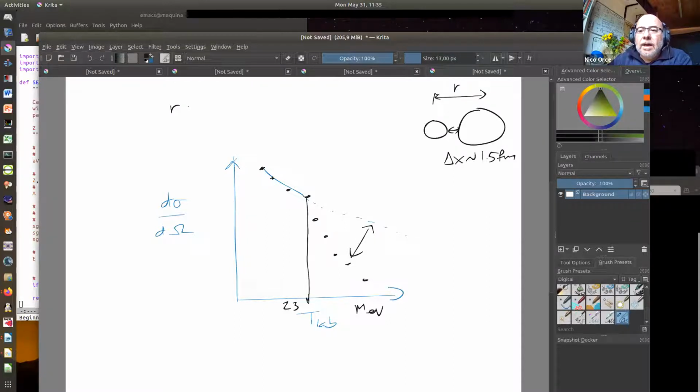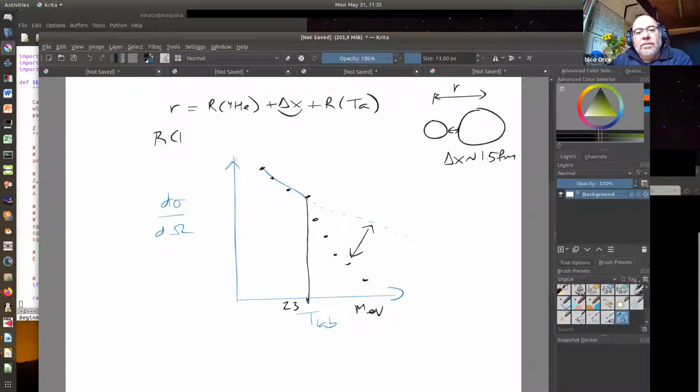So now we assume that in this particular picture this was R, and R is equal to the radius of the alpha particle, which we know, plus delta X, plus the radius of, let's say, the tantalum nucleus, right? So then you say that if we increase delta X, then obviously, let's see what happened.